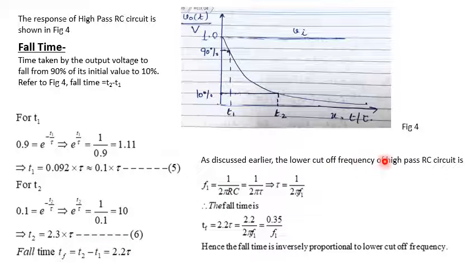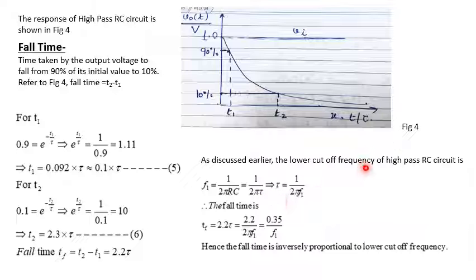Now, as discussed earlier, the lower cutoff frequency of high pass RC circuit. When a wave is applied to the high pass RC circuit and we are using the sinusoidal wave, then there is a term called lower cutoff frequency. It is the frequency at which the output voltage is 70.7% of the maximum value, and that lower cutoff frequency is expressed as 1 upon 2 pi RC or 1 upon 2 pi tau.